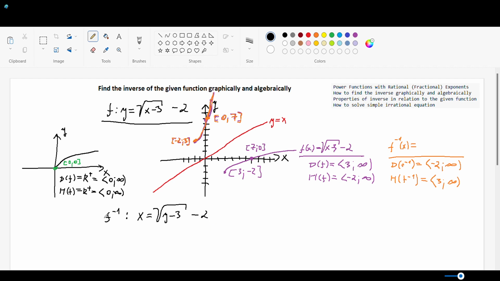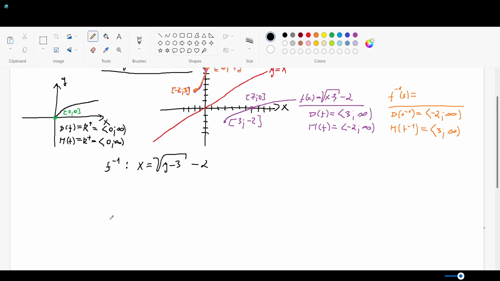Now, as this is called an inverse function, the only thing we do here is apply inverse operations. We have take away 2, so the inverse operation is plus 2. So we will have x plus 2 equals square root of y take away 3.